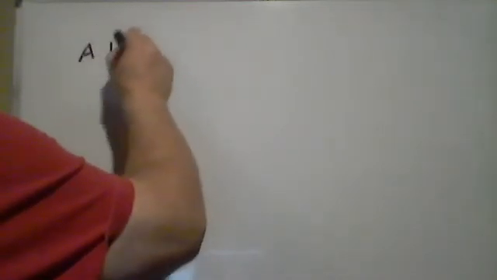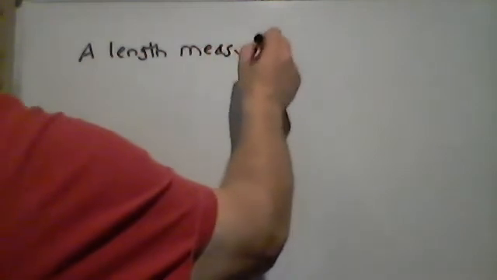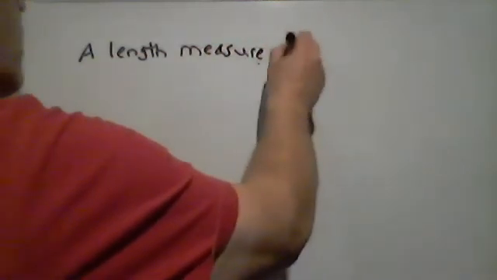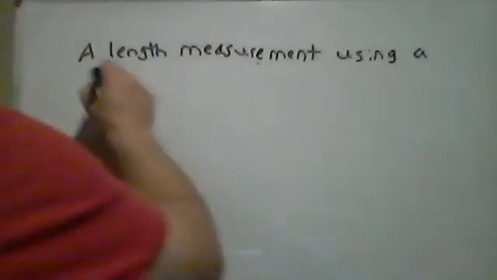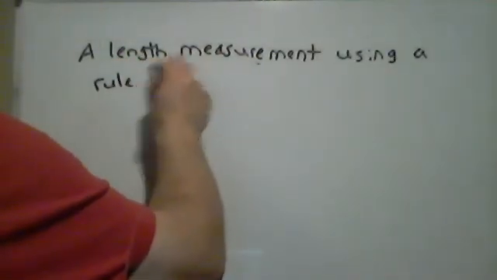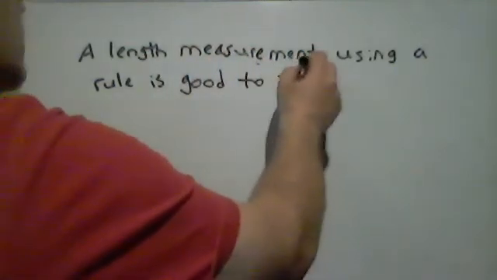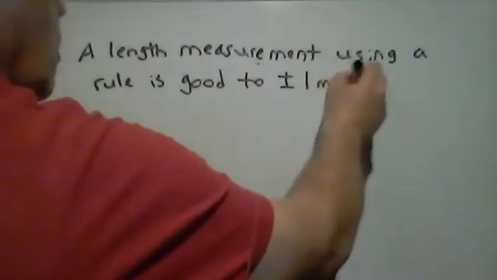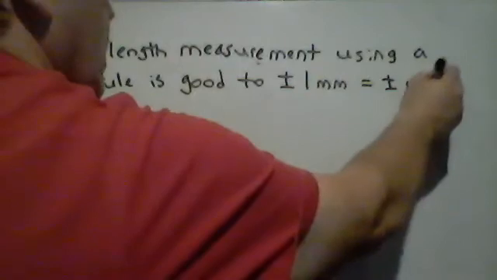So for instance, if I'm using a ruler, the least count on a ruler is going to be the millimeter. If I'm taking a length measurement using a ruler, it is good to plus or minus a millimeter, or plus or minus 0.1 centimeters.